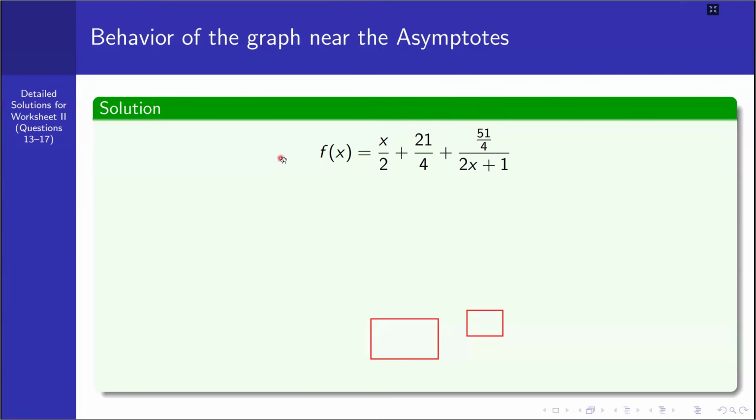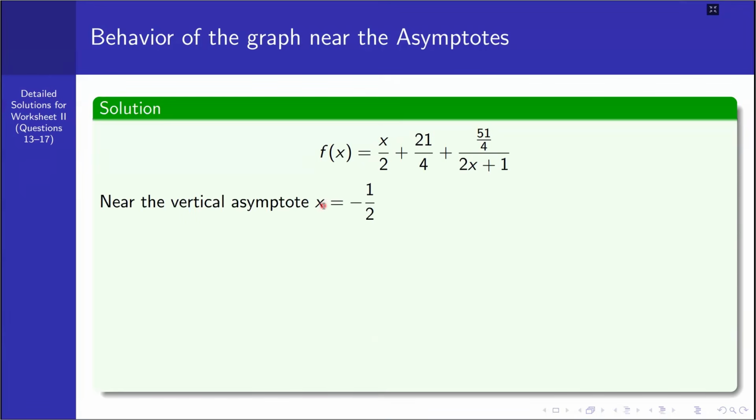Then the function f of x is given to be this one.